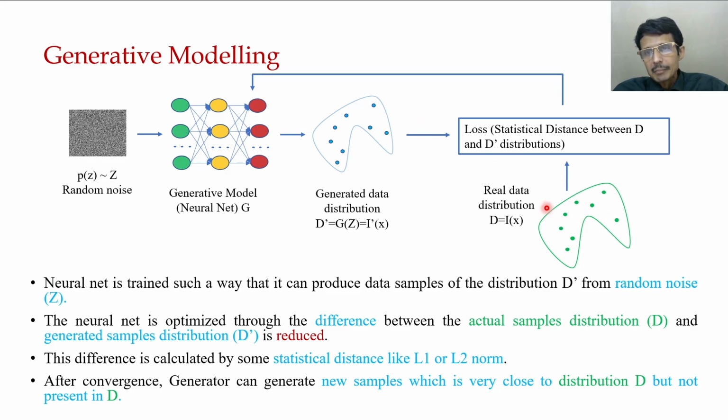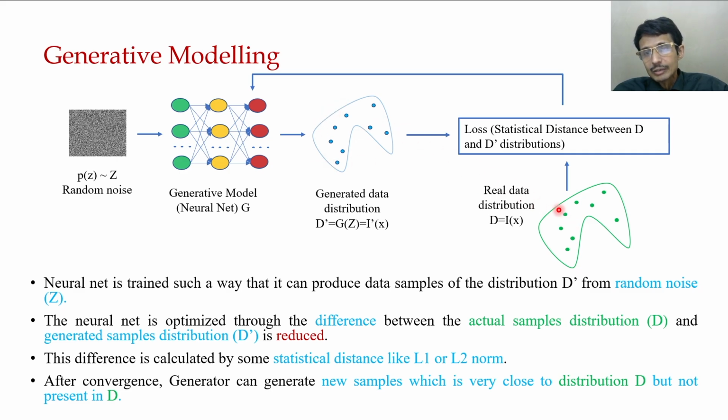So these samples are different, but the distribution they belong to is very close. This blue sample is from D bar, the generated data samples. This green sample is a real data sample. These two samples are not the same, they are different, they are new samples. That's why it is generative in nature.